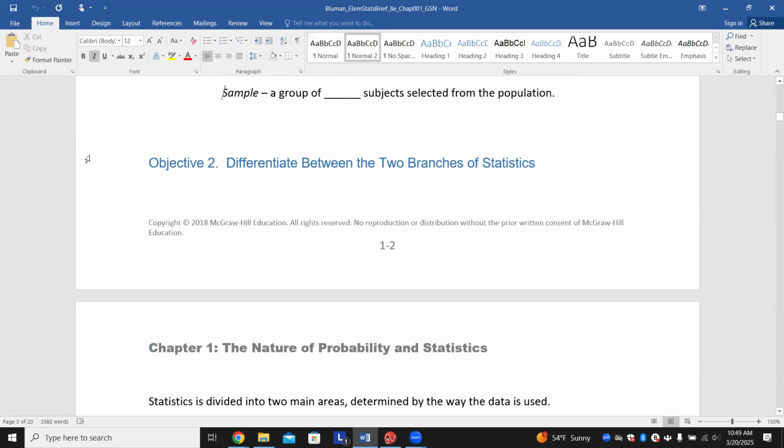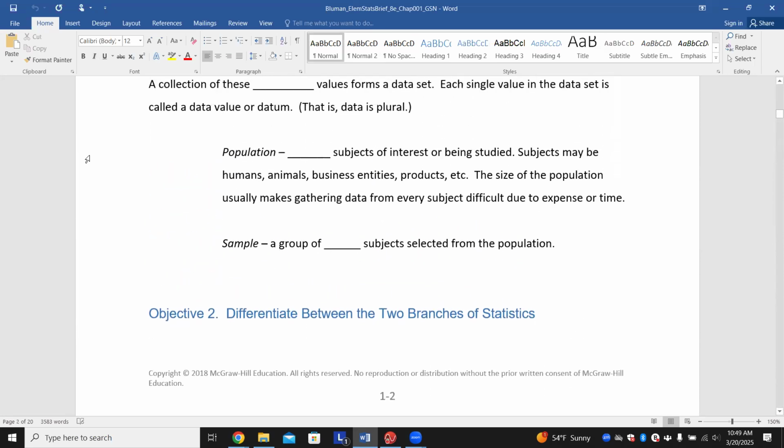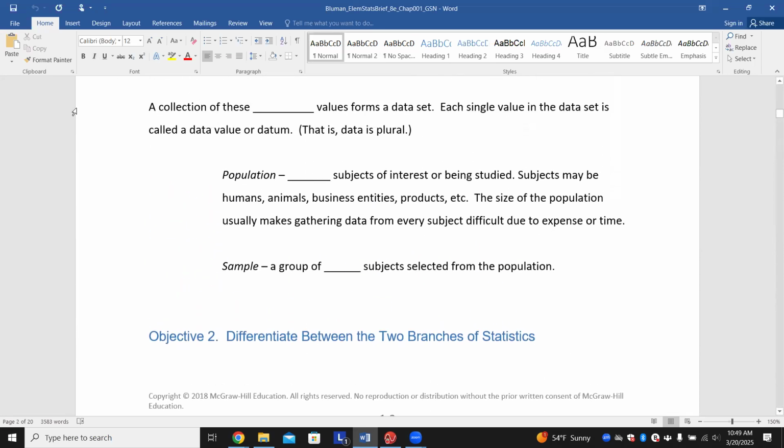If we keep going a little bit further here, a collection of these data points, or data values, forms a data set. Each single value in the data set is called a data value or a datum. Data is plural.